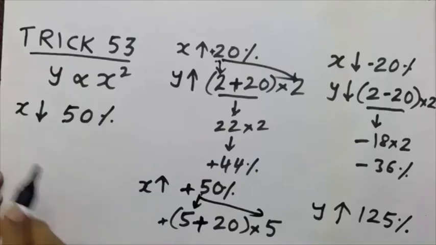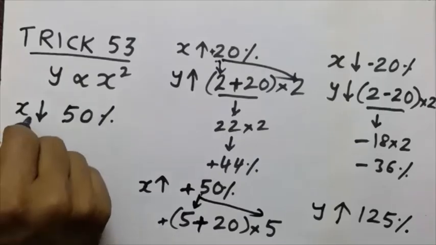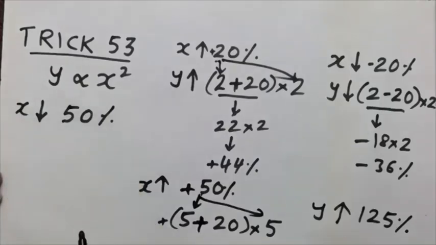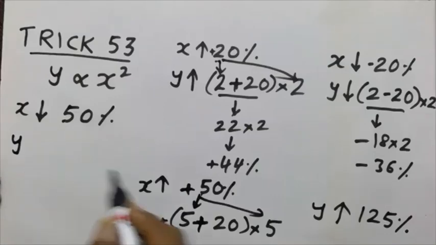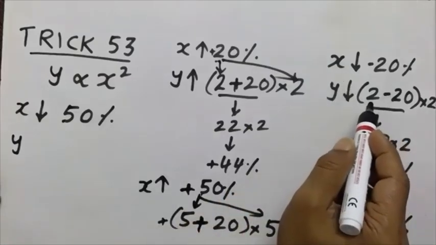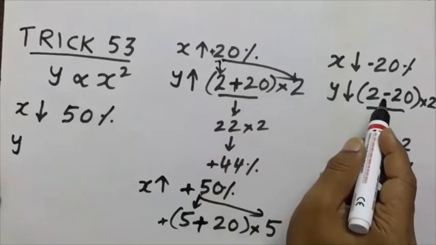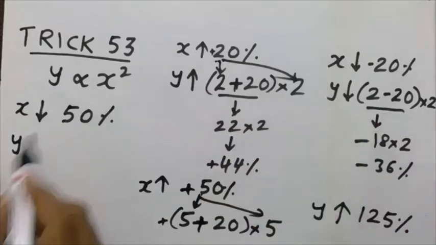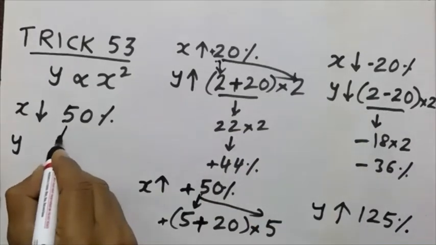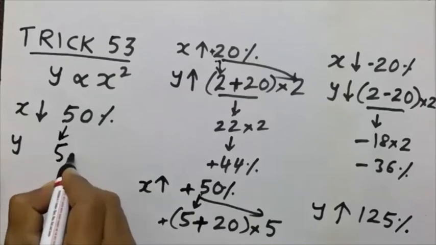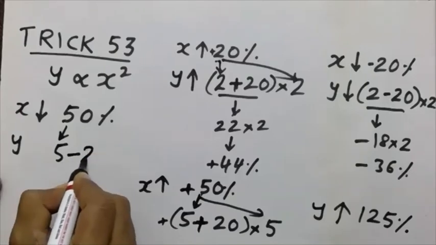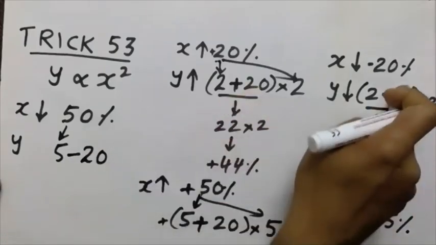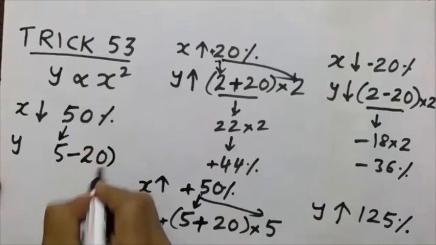Similarly, you see here, now the value of x is decreased by 50%. Whether y increases or decreases, we don't know, but we will see how to write. How we wrote this and this and this, we will see for this. Here 5 plus minus, which one? Minus 20. 20 is common. Here it is common, 2.